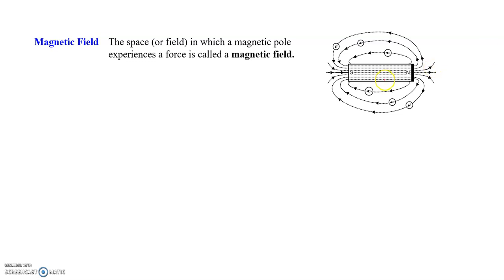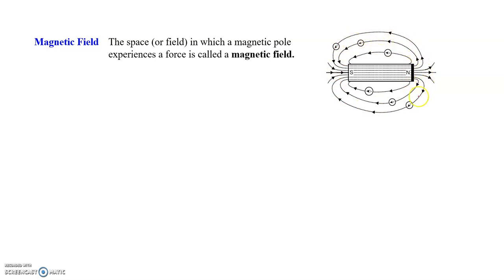As you can see, the magnetic field lines are scattered around the magnet.